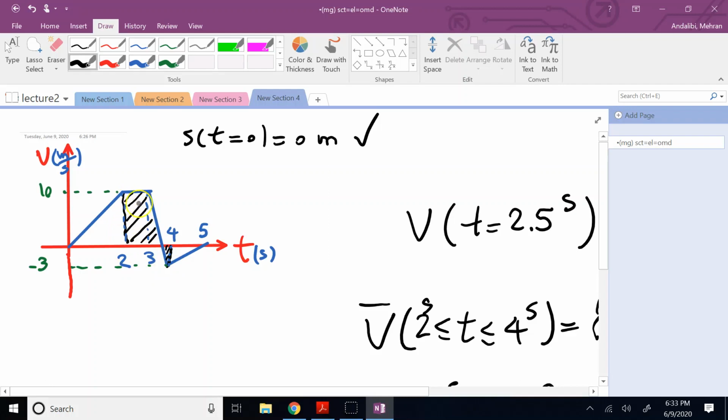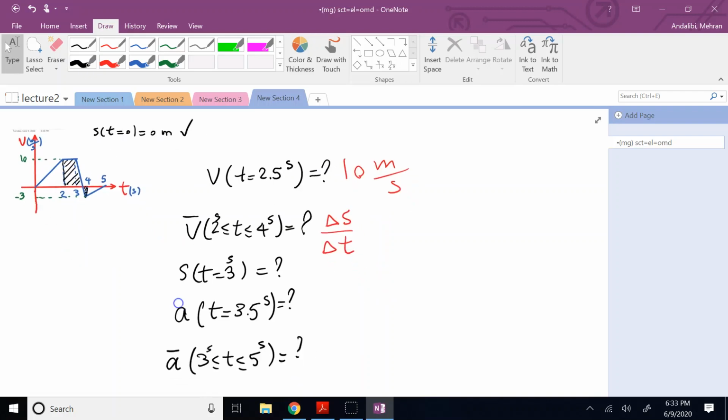Now, pay attention that the trapezoid is above the t-axis, so the area here is positive, while for the triangle it's below, it's negative. So when I want to calculate that, I have to pay attention. It's going to be the area of the trapezoid minus the area of the triangle divided by the time difference, which is 4 minus 2.